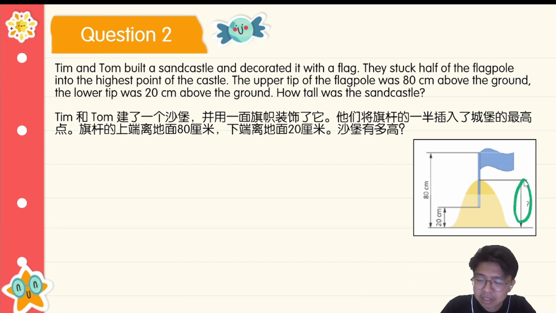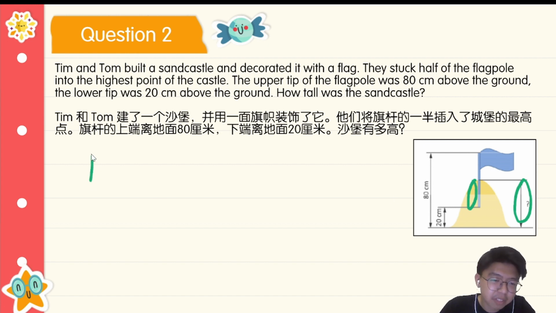Actually, to solve this part, you need to know this part, right? Because we need to add the 20 cm here, and this part, to find out the height of this sandcastle. So in order to find out the height of the sandcastle, we need to find out the length of the flag first, right?